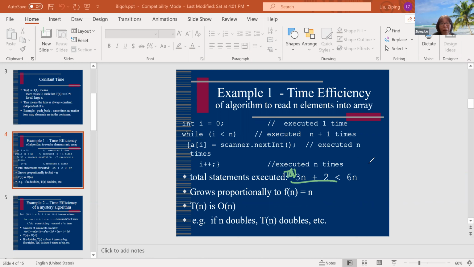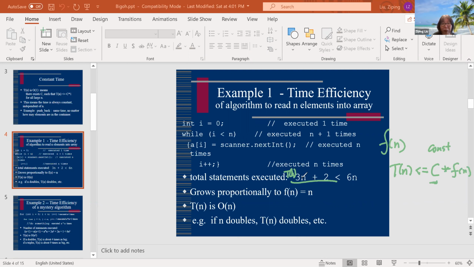And we want to find that Fn. How do we find Fn? We said if Tn is less than or equal to some constant times Fn.